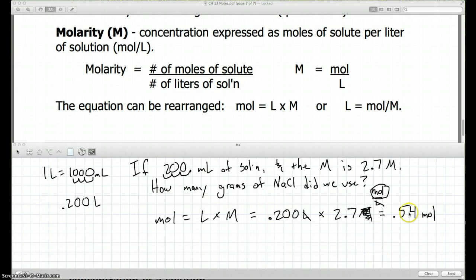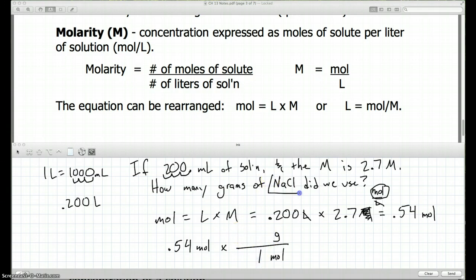So now that I have moles, we're getting close to the answer, but the question is asking for how many grams, not for how many moles. So I have to do that last step of converting my answer here, moles, into grams, so I get my final answer. 0.54 moles times a blank line over mole. Starting unit always goes on the bottom, grams is what we're looking for, goes on top. Mole in grams, mole is always 1.